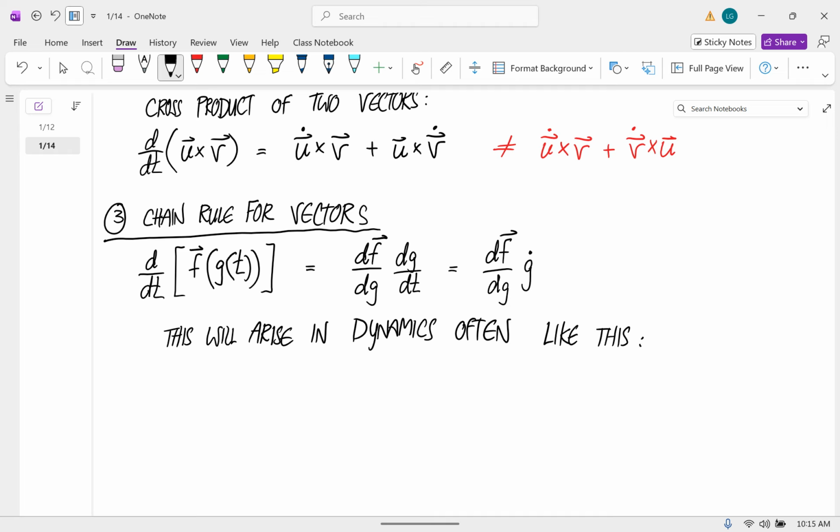So we know that the acceleration as a function of time is defined as the time derivative of the velocity. That relationship is never wrong, okay?